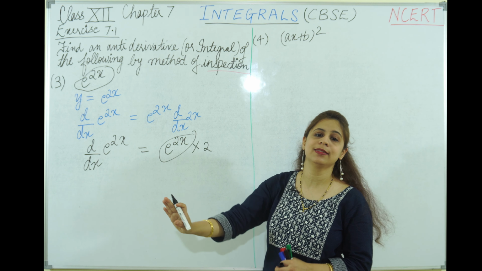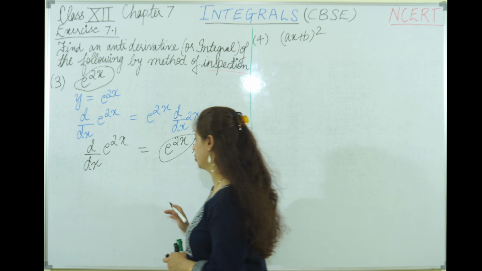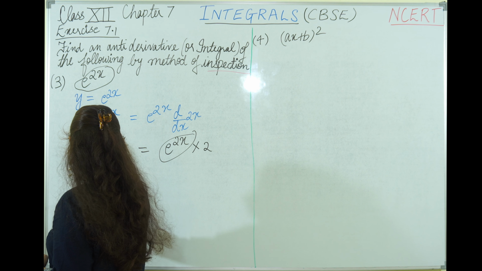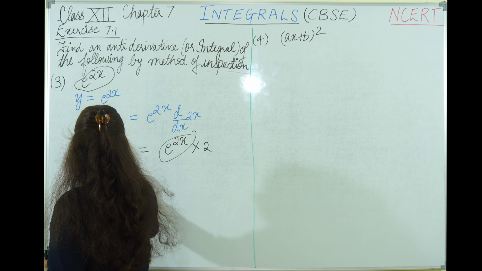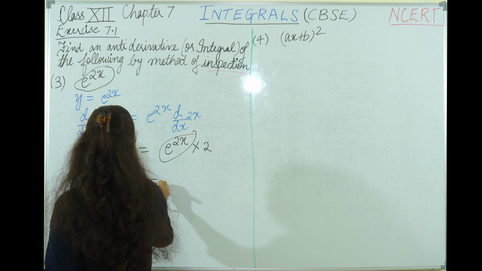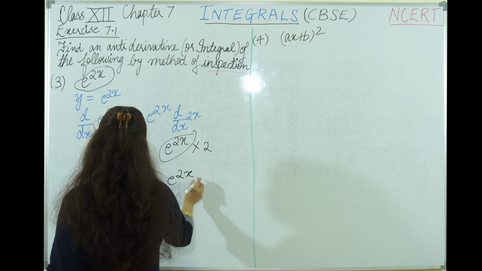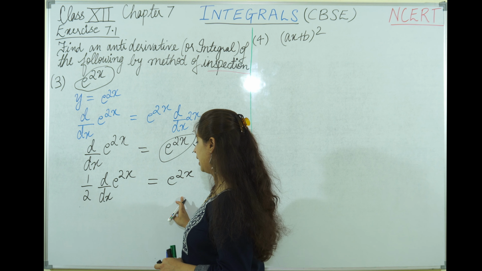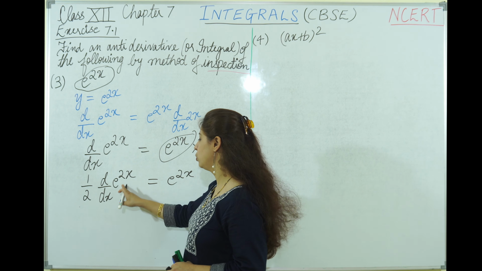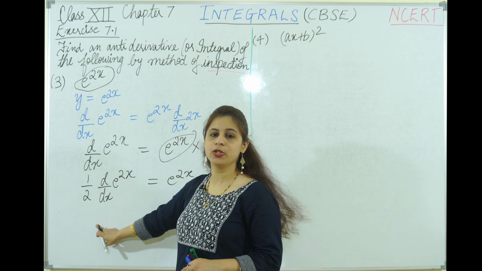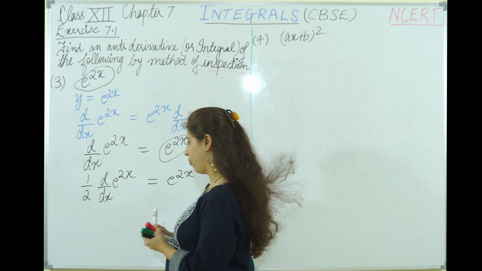When it goes that side, it will go with division. So 1 upon 2 d over dx of e to the power 2x will be equal to e to the power 2x. So it is clearly seen that the antiderivative of e to the power 2x will be e to the power 2x upon 2.